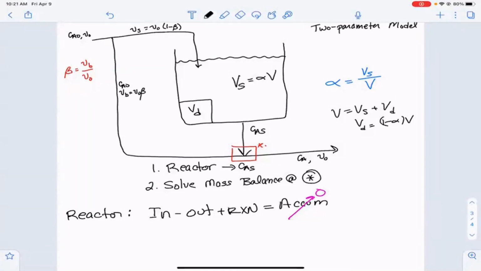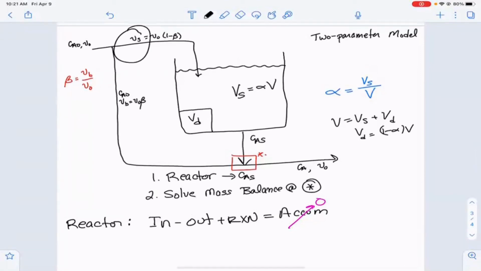And now let's think about what's coming into the reactor. Coming into the reactor, we're at VS times CA0, so that's V times S times CA0. Then minus the flow that's leaving, that's also VS times CAS. And then plus the reaction term.